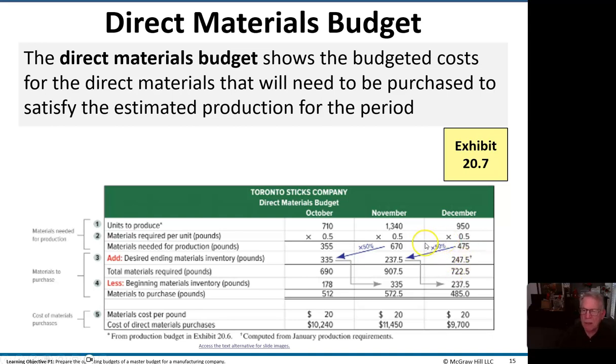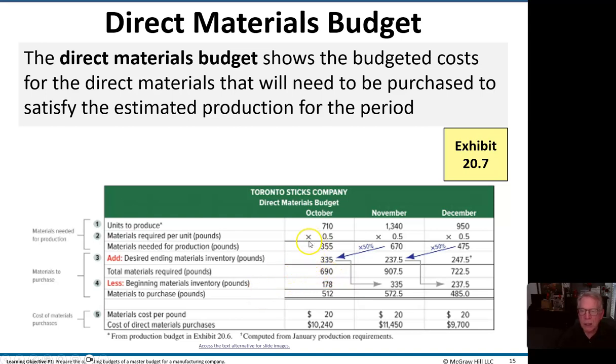And we want to have a desired ending inventory of 50% of the next month's materials needed for production. So we take half of 670 in this example, and that gives us 335 pounds that we want in our ending inventory.